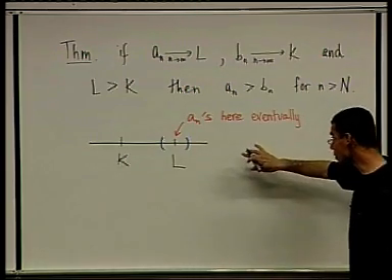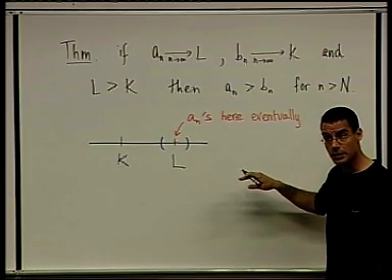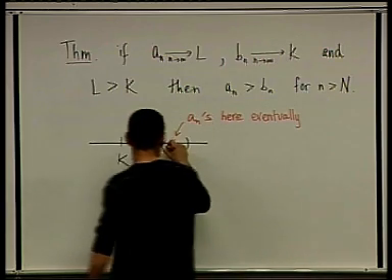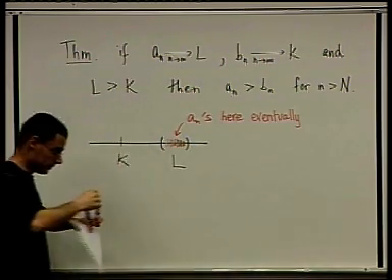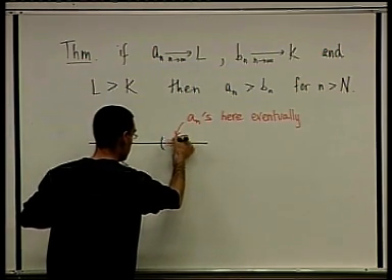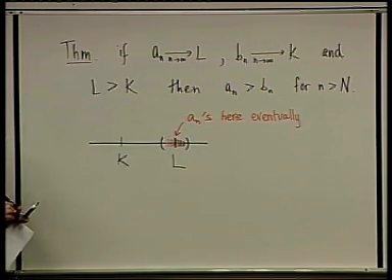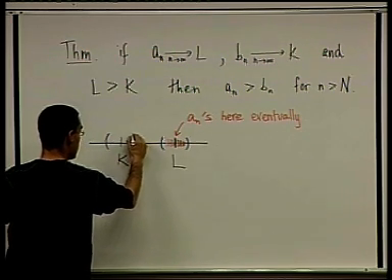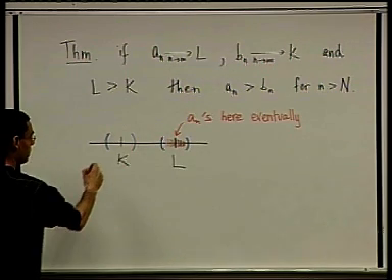So maybe there could be some of them that are outside, right? But from a certain point onwards, they're going to all concentrate here. Do you agree? One second, I see your question. What about the b_n's? The b_n's converge to K, so if you take a small neighborhood of K, the b_n's are eventually all going to be here.